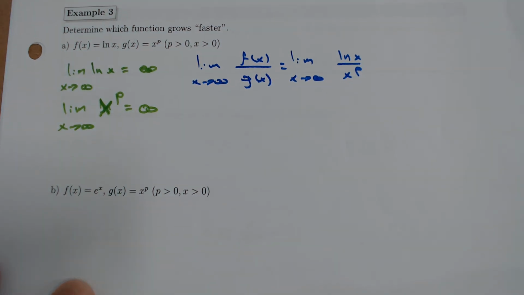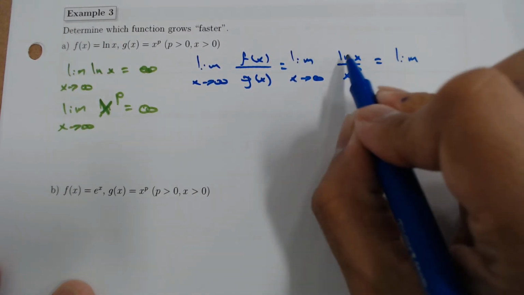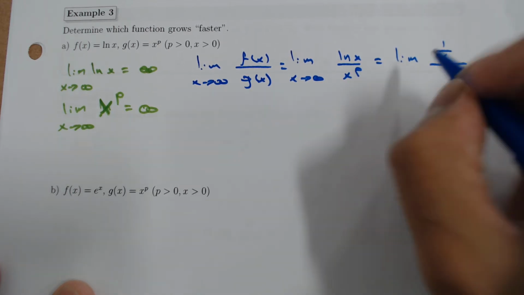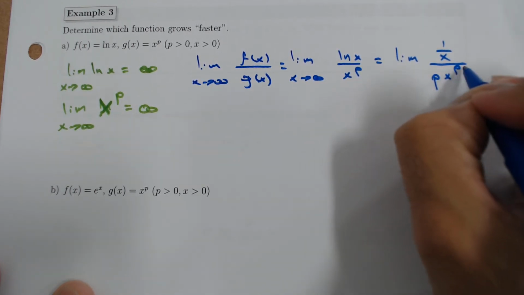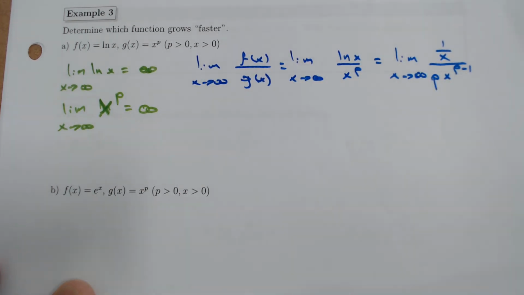In this case, we already get infinity over infinity, so let's use L'Hopital's rule. That's the limit of the derivative of ln x, which is 1 over x, over the derivative of x to the p, which is p x to the p minus 1. That's essentially the general power rule.